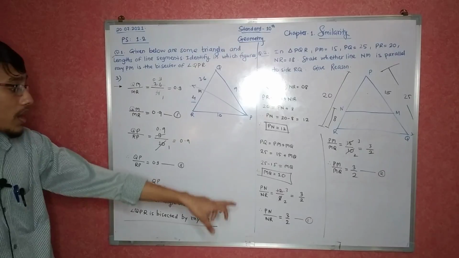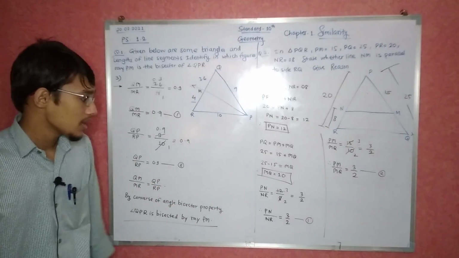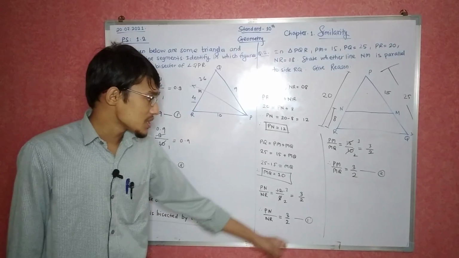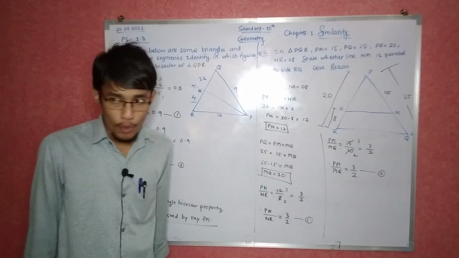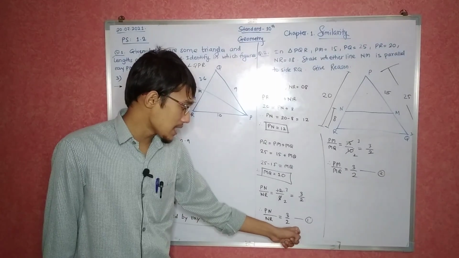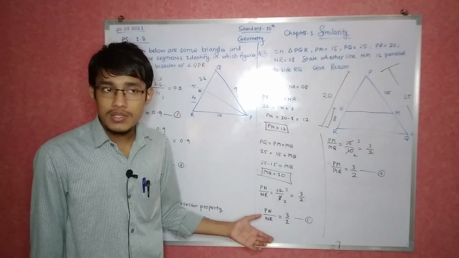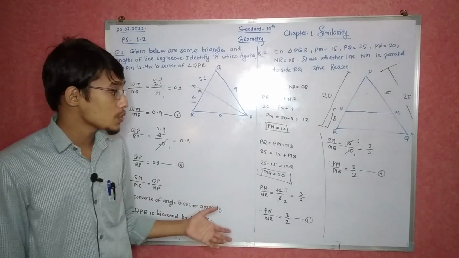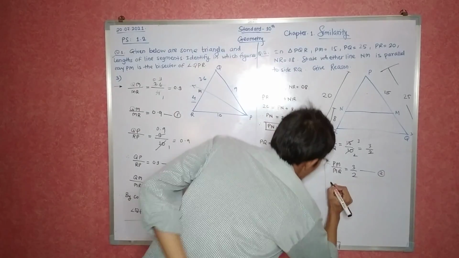From equations 1 and 2 we can write PN upon NR is equal to PM upon MQ. In both the equations the value of the right hand side is the same, which means the value of the left hand side is also equal.